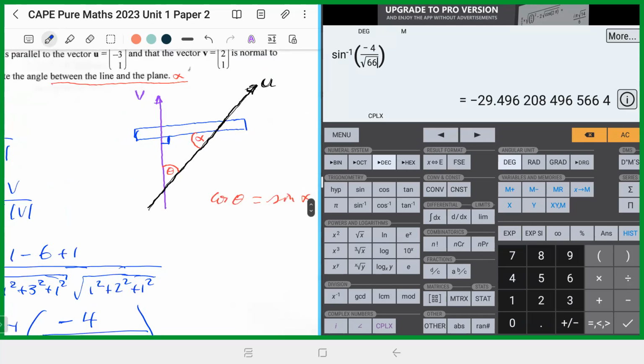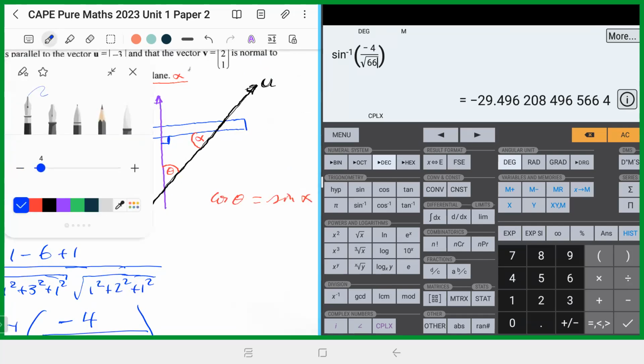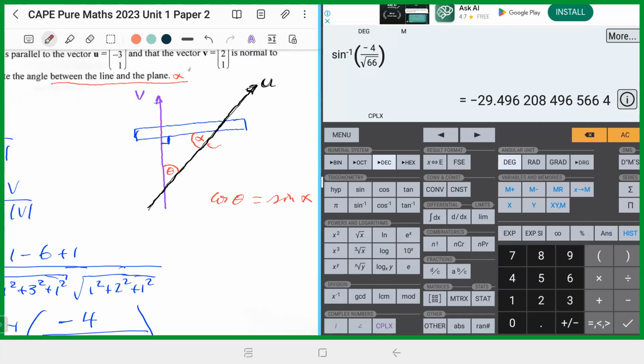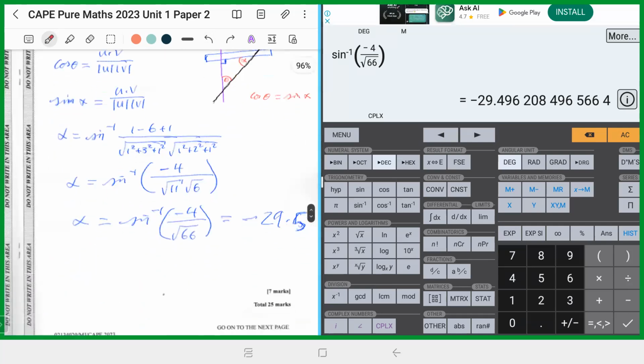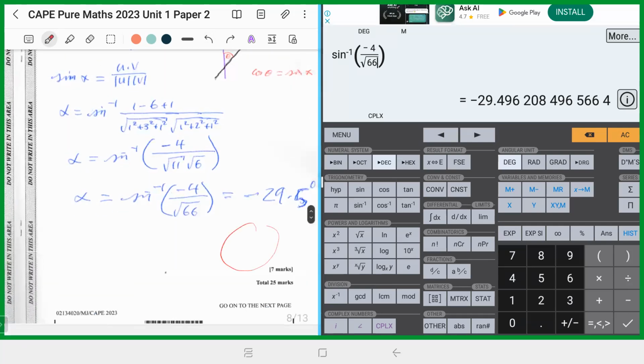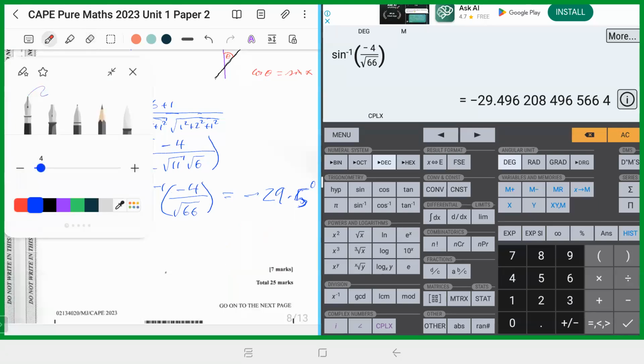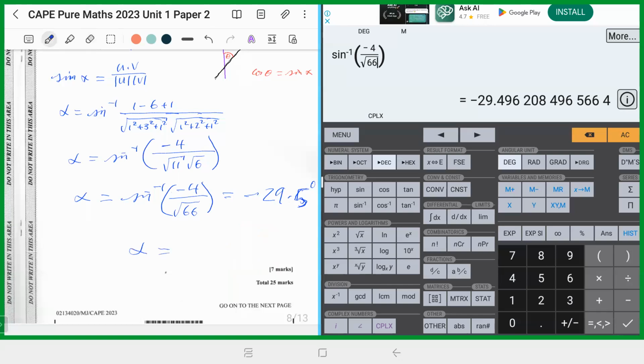Because it could be that it is the angle the calculation gave us, this angle. So I put the negative 29. We could also do 180 minus, like we're taking an angle in the second quadrant, right? So we can say alpha is 180 degrees minus the 29.5 degrees to get that positive angle.